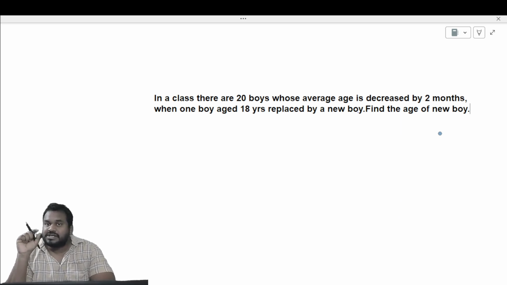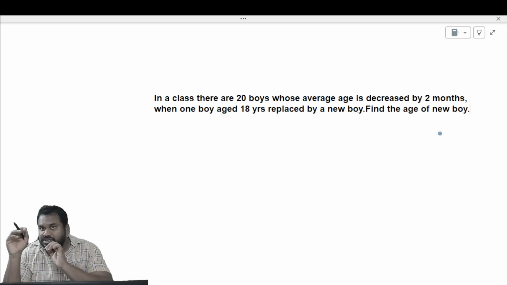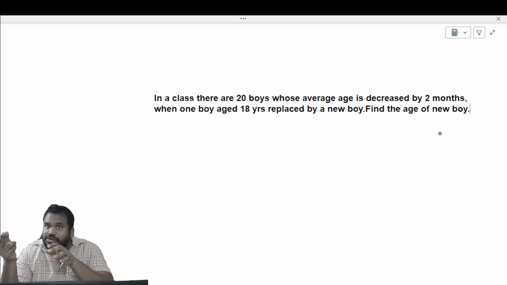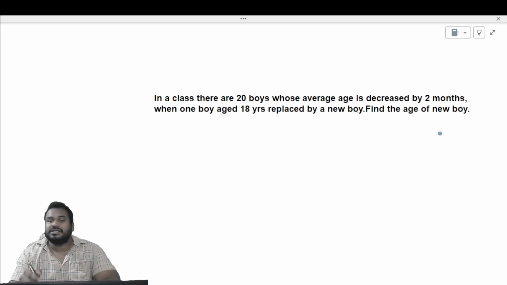To find out the age of the new person, you need to subtract from 18 years the decreased average into the total number. Since the average is decreasing, it affects all the 20 members. So all the 20 members into this 2 months of decrement, if I subtract that from 18 years, then I will get the new boy's age.